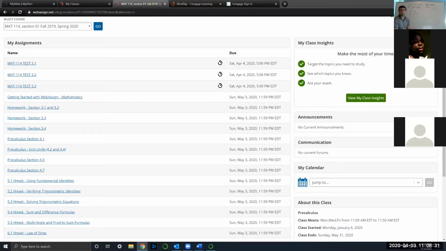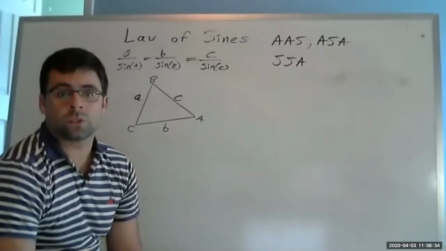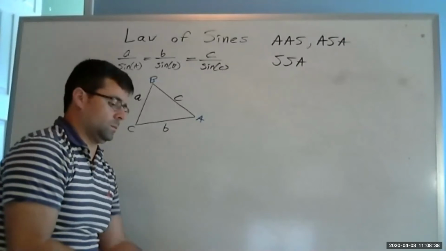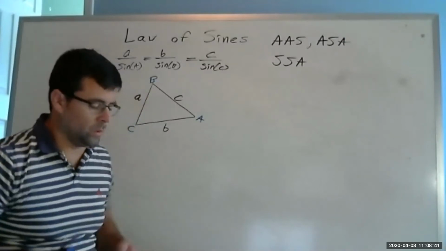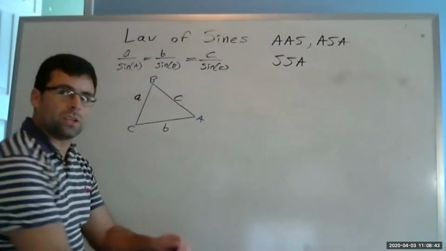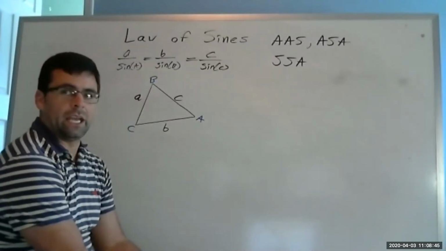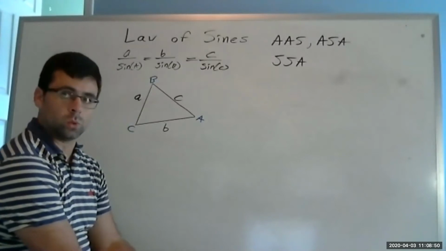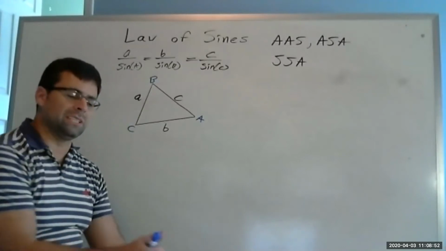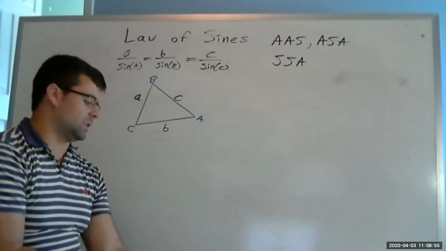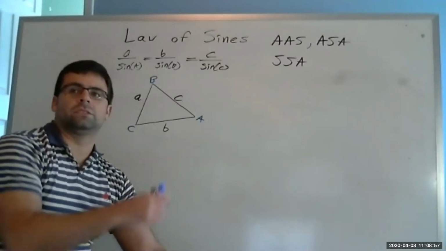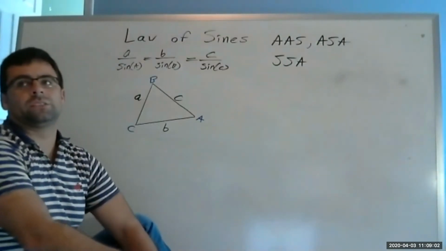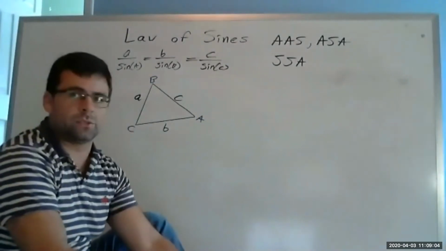All right. Last time we were doing this thing called law of sines, and it is basically a tool that allows you to completely solve any of these kinds of triangles: angle, angle, side; angle, side, angle; or side, angle, side.